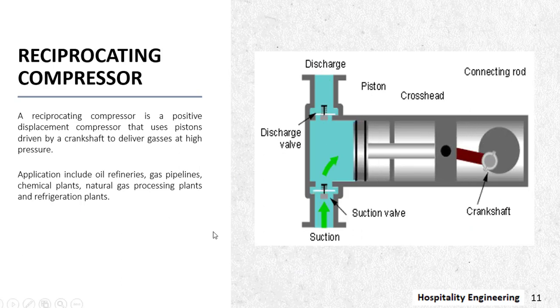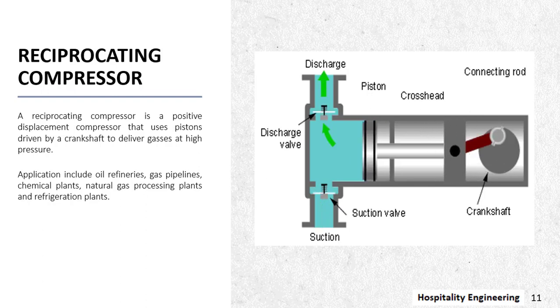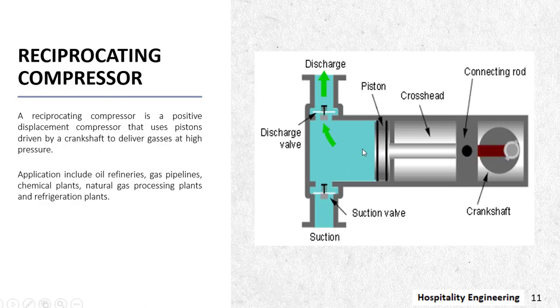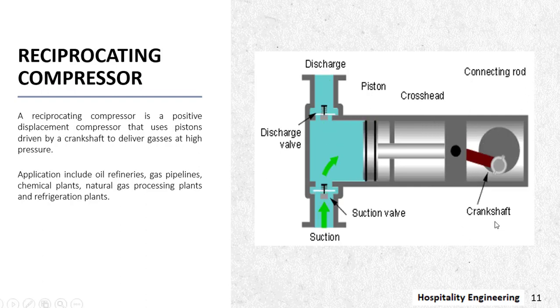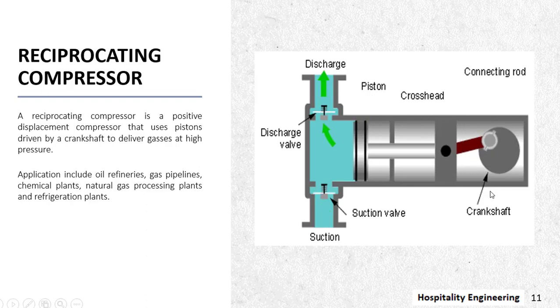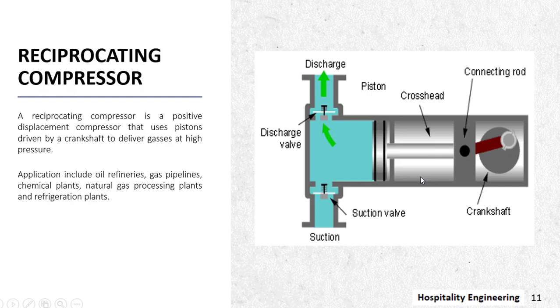The reciprocating compressor is a positive displacement compressor that uses a piston driven by a crankcase or crankshaft to deliver the gases at high pressure.